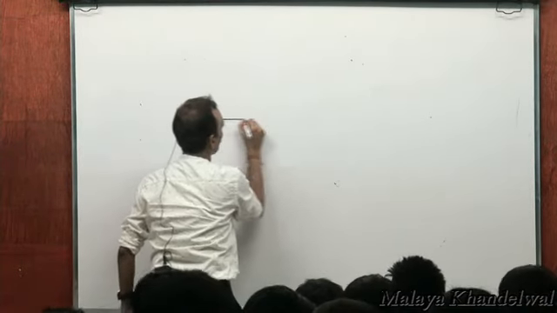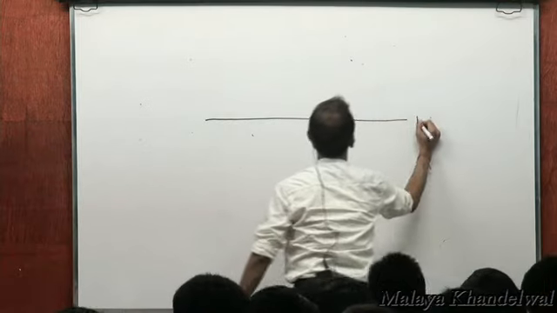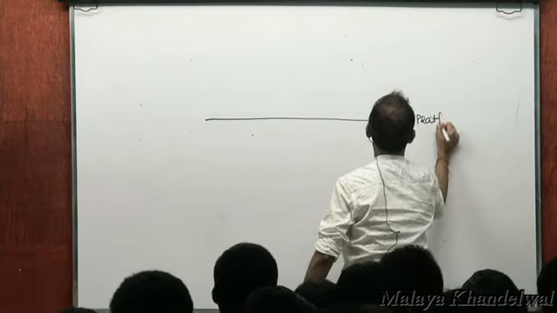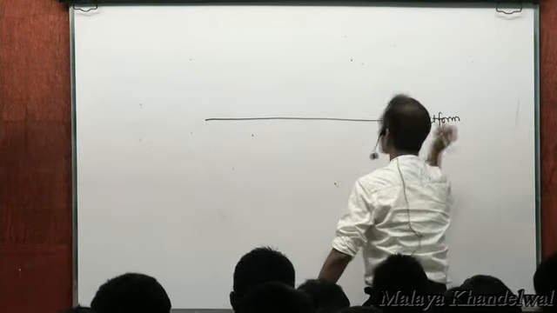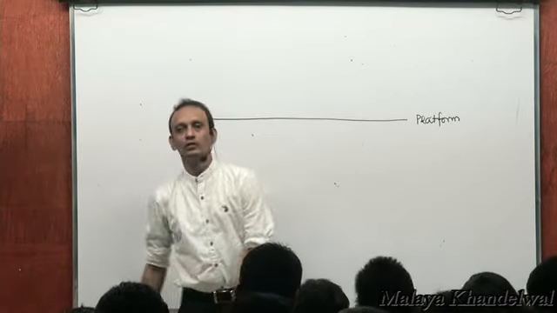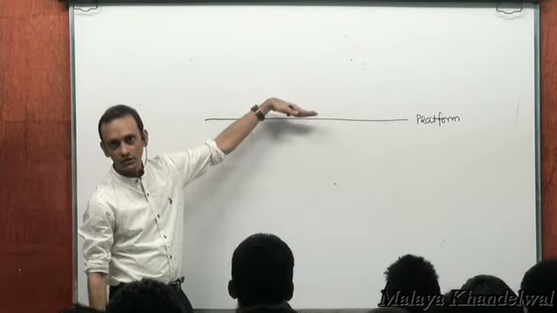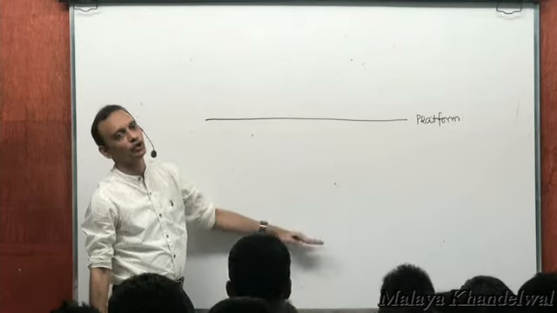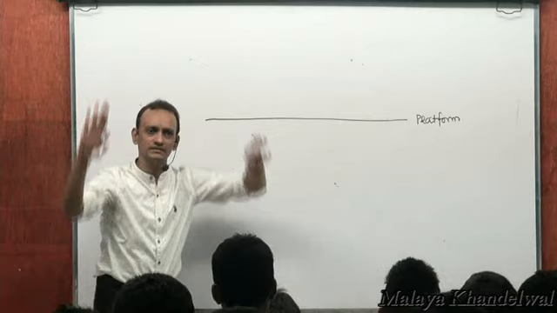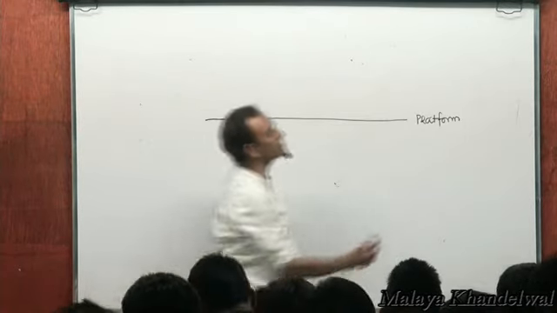Now, there is a platform and it's executing vertical oscillations of amplitude A and angular frequency omega, by some means.